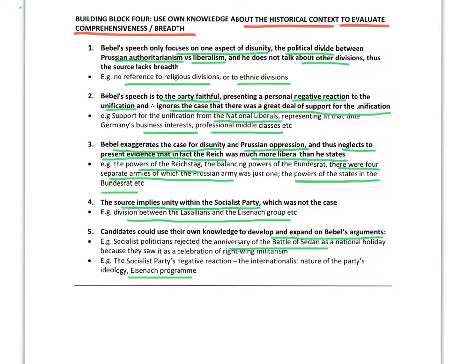I think the key point I'm making here is, remember, it does say in the question that you must use your own knowledge about context, and there are some obvious places to do that in your introduction, in the paragraph about provenance, and in this paragraph about comprehensiveness and breadth, but also pepper it throughout the answer, at every opportunity. So the source refers to the Reich Chancellor. You know that's Bismarck. Make sure you say it's about Bismarck. Don't miss any opportunities to bring your own knowledge in.